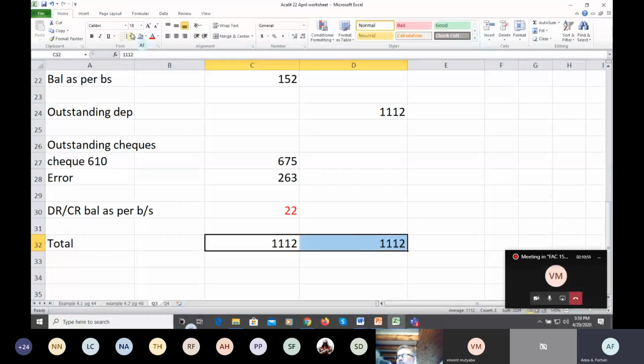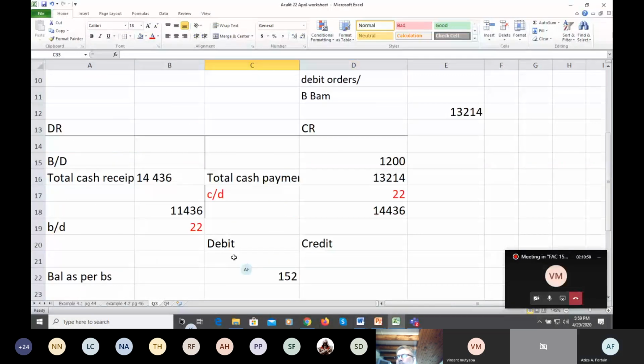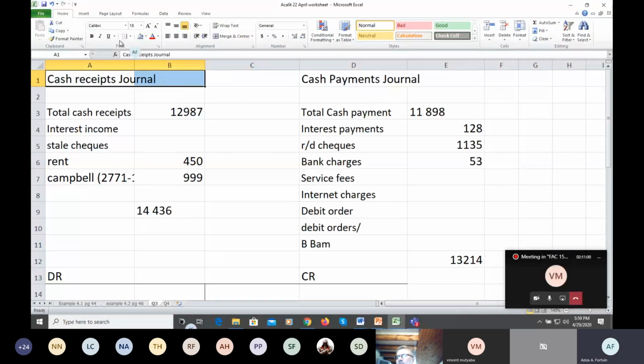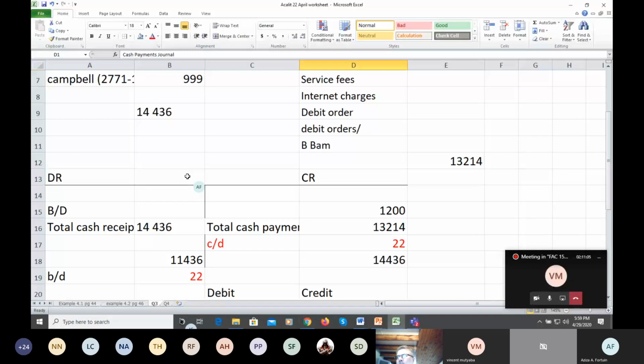Okay, let me just highlight it so that you can see it better. Let's just put a line here so that you can see it also better.